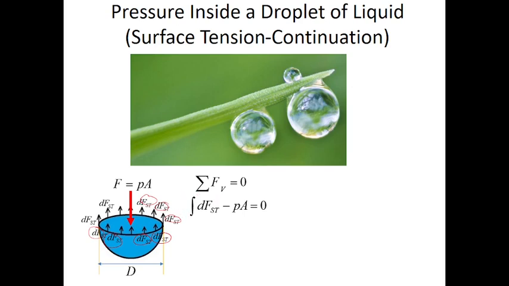So integrating dF sub st, this is due to surface tension. So the integral of dF_st, then minus the force acting downward, that is the product of pressure and the area, is now equal to 0.